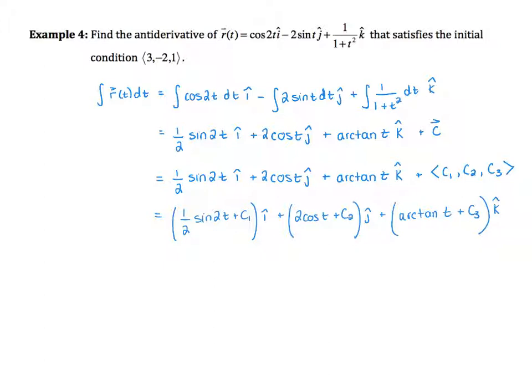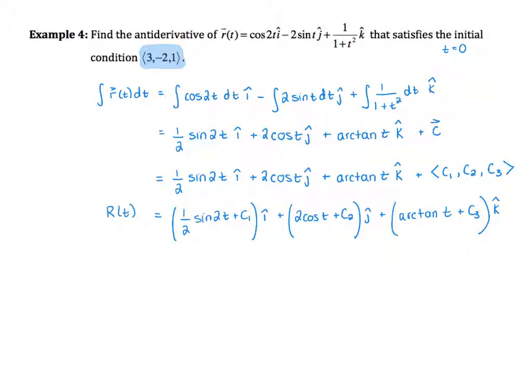All right, so now we've got this initial condition, all right? And by initial condition, right, we mean t equals 0, all right? So that basically means when t equals 0, our antiderivative, which I am just going to call big R of t, should generate that vector for us.